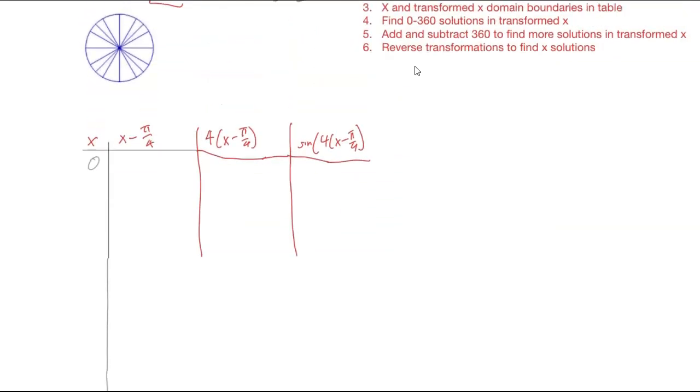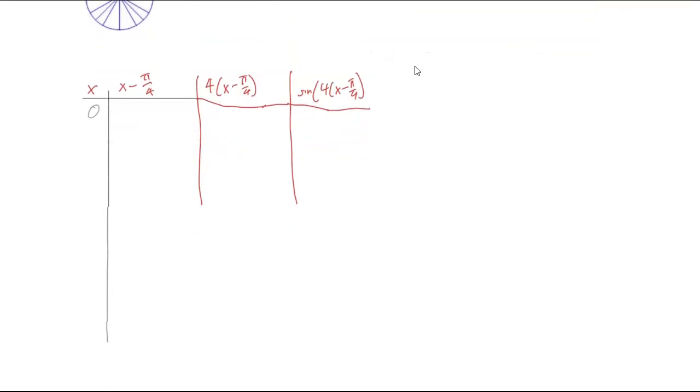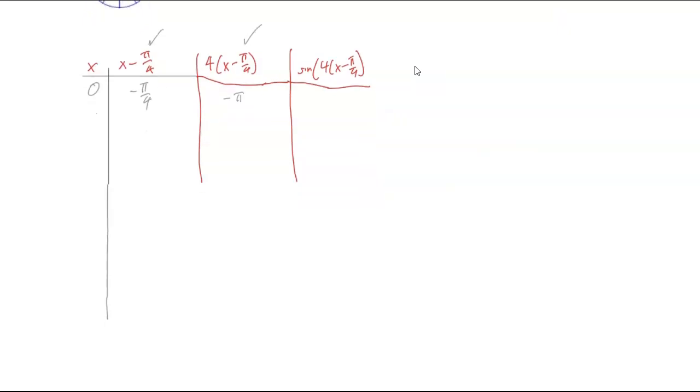Okay, and then we're going to change our domain boundaries using these two transformations. So the first transformation is we subtract pi over 4. The second transformation is we multiply that by 4. So then 4 times negative pi over 4 is just negative pi. Okay, so that would be one of the boundaries, the initial boundary. And at the bottom, I'm going to subtract pi over 4.